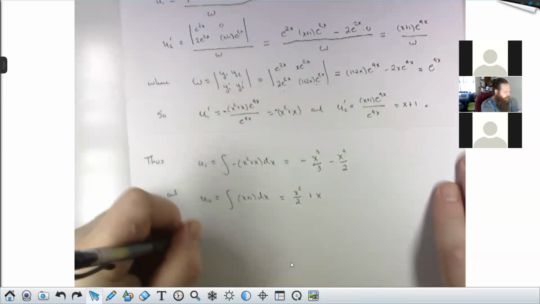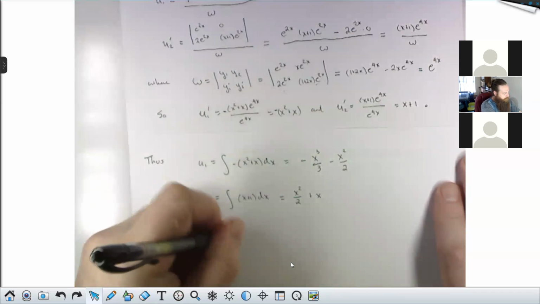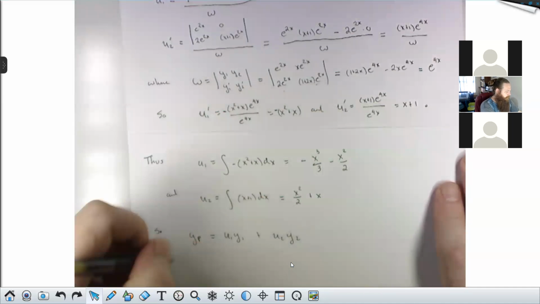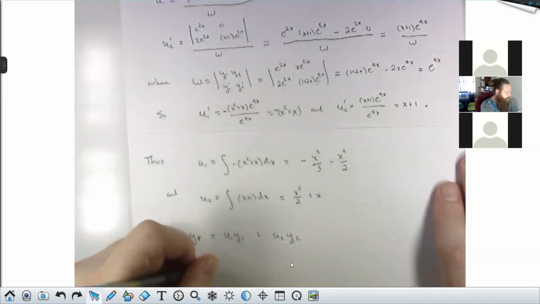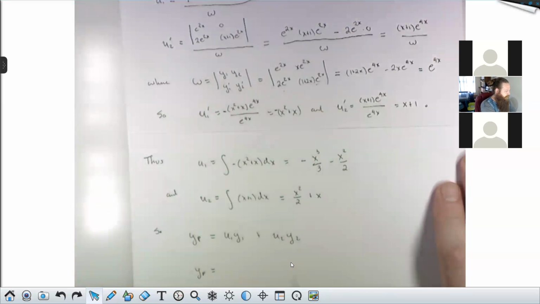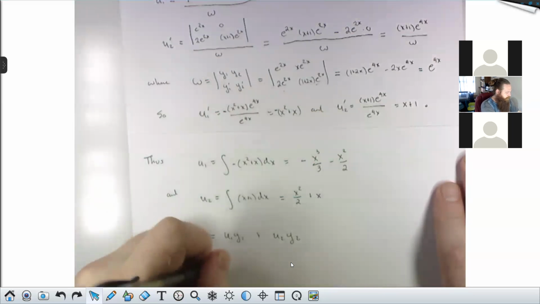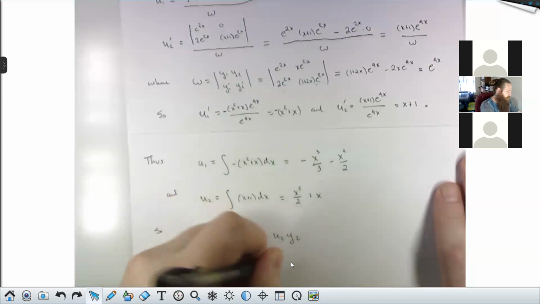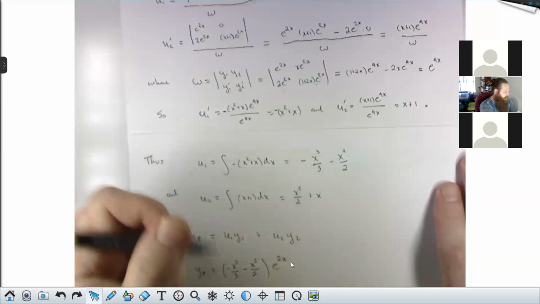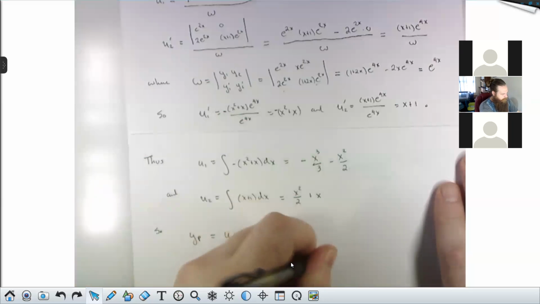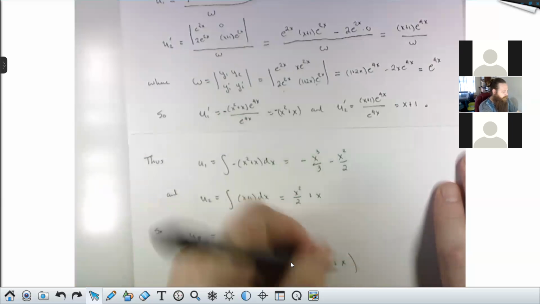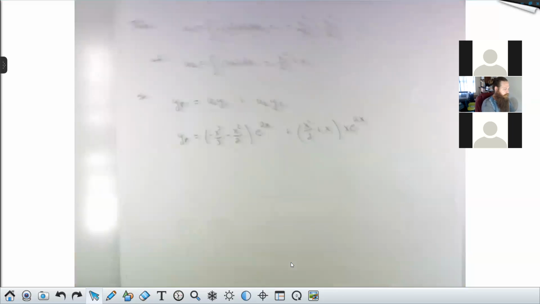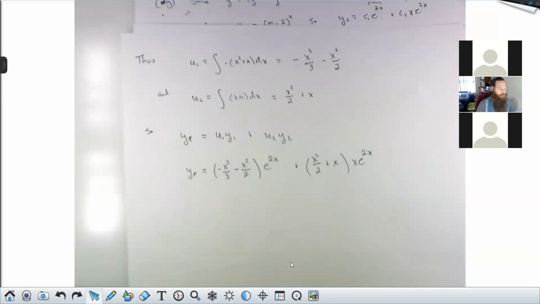So your particular solution, yp, is u1 y1 plus u2 y2. yp is negative x cubed over 3 minus x squared over 2 times e to the 2x plus x squared over 2 plus x times x e to the 2x. Remember, y1 and y2 are those guys.